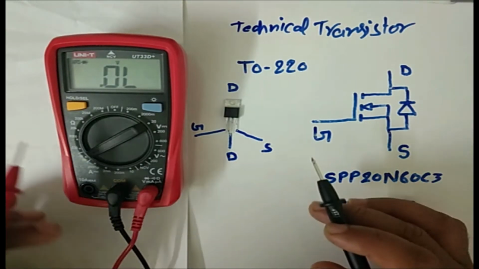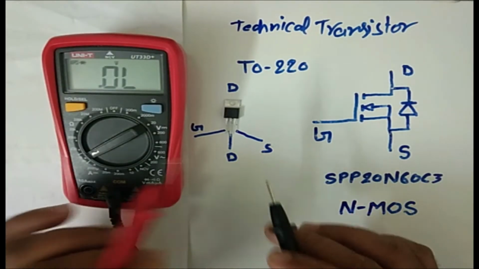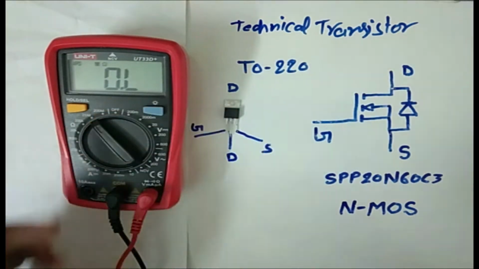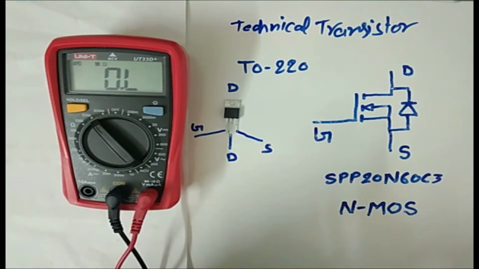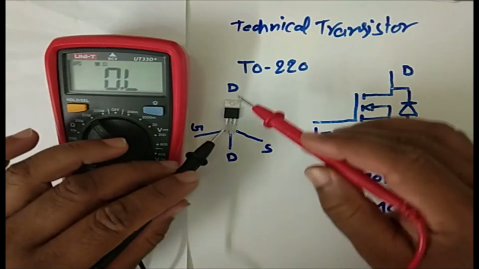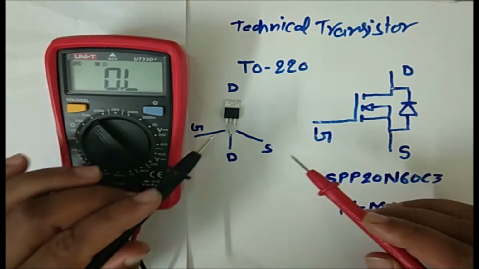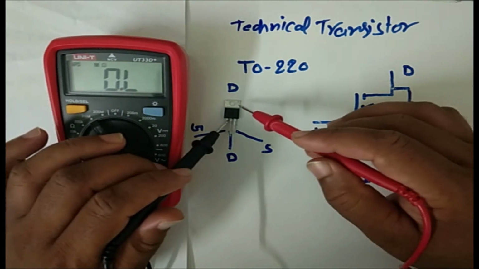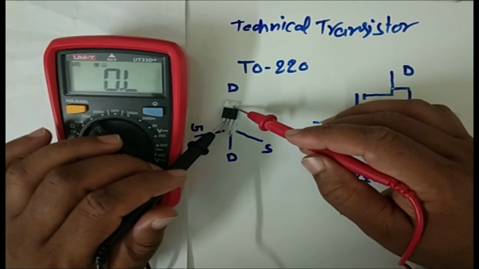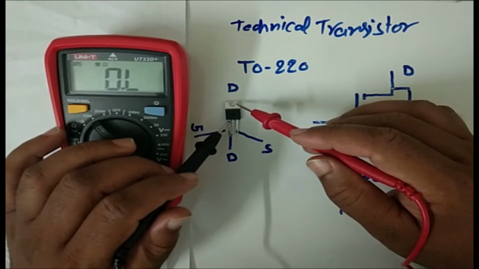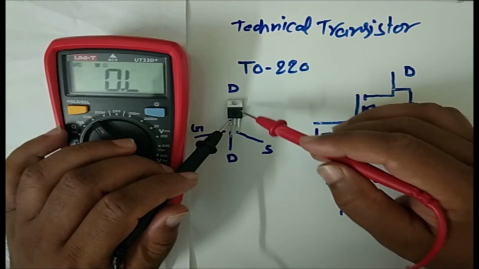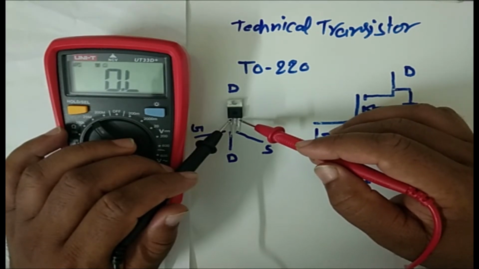Okay, if you check with the lead by keeping the multimeter in the resistance range, it will show open. If I check by keeping the black lead on the gate and red at the drain, it is showing open, and then source, it is showing open.